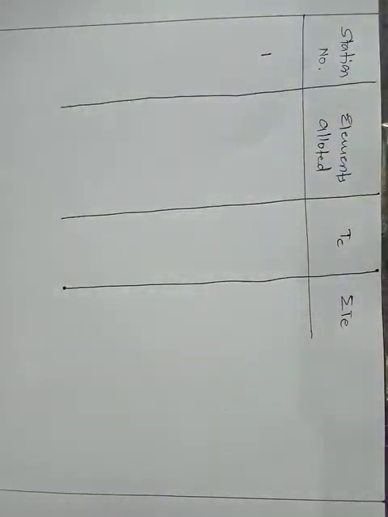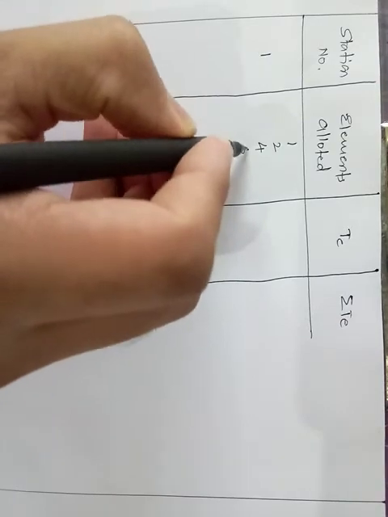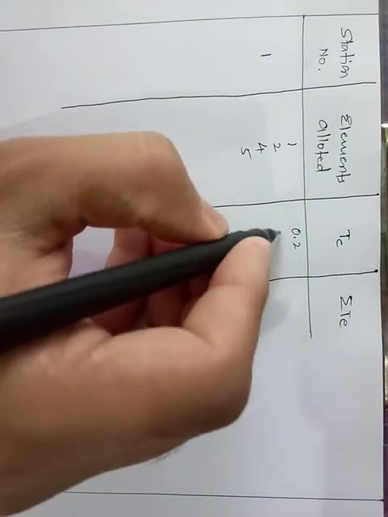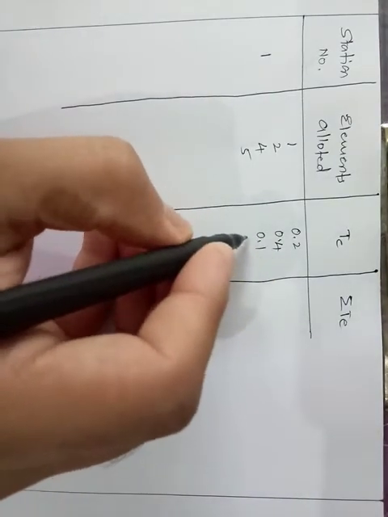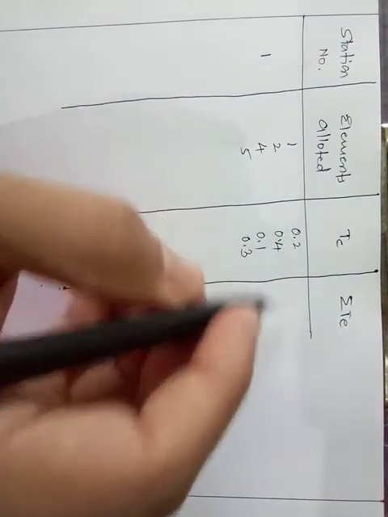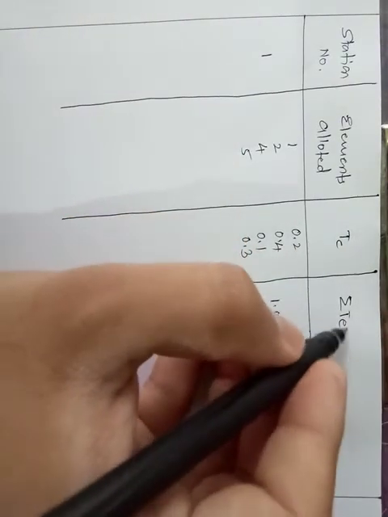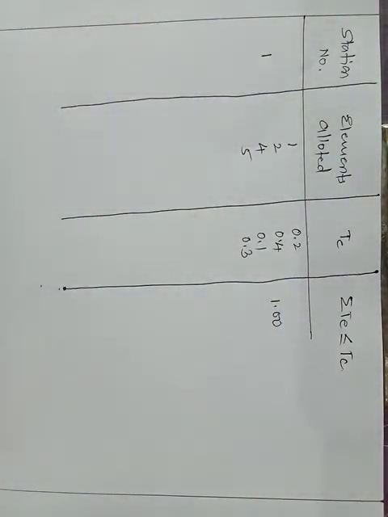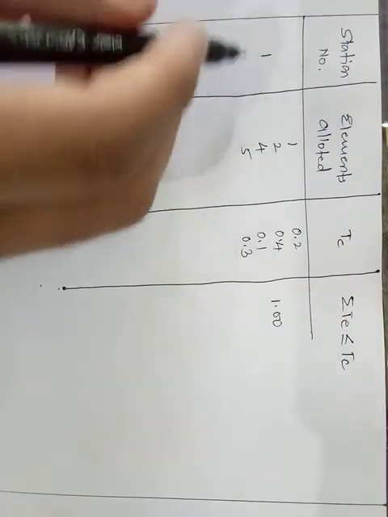I need to write it here: 1, 2, 4, 5. Respective element times are 0.2, 0.4, 0.1, 0.3. If you sum it up, it will be 1, which is summation of TE, which should be less than or equal to Tc. And in this case, it is equal to Tc. So that is everything related to station 1.